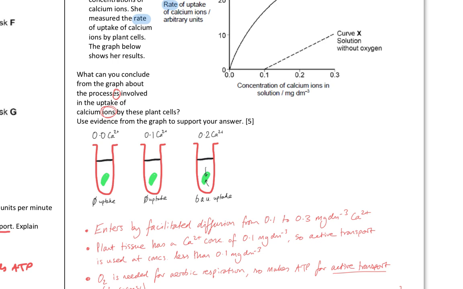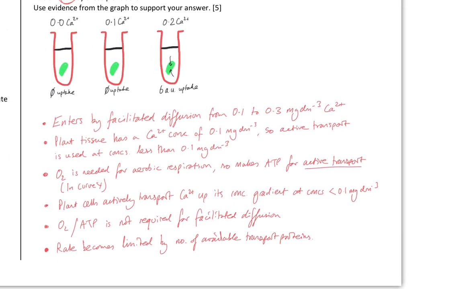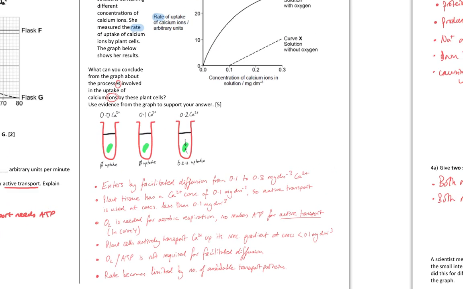So now I'm just writing true facts. I'm saying that the ions enter by facilitated diffusion from 0.1 to 0.3 milligrams per decimeter cubed. So from here to here, it's coming in by facilitated diffusion.